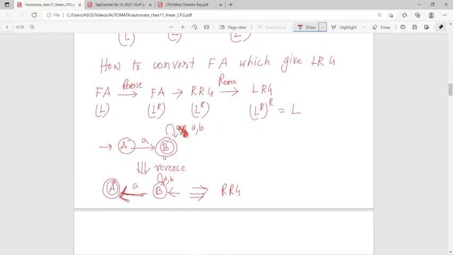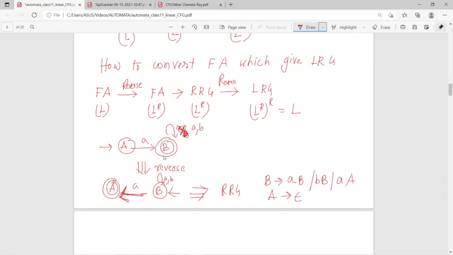And if we write the regular grammar for that, we will find that from b, if we get a, we are reaching b. From b is again b, and if we get a, we will reach a. So a to a, and that is the corresponding grammar.